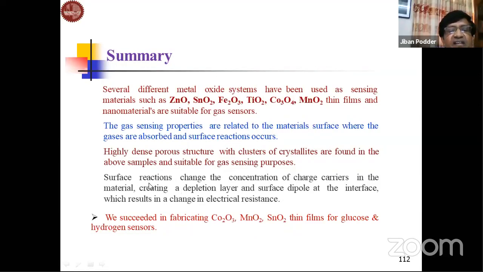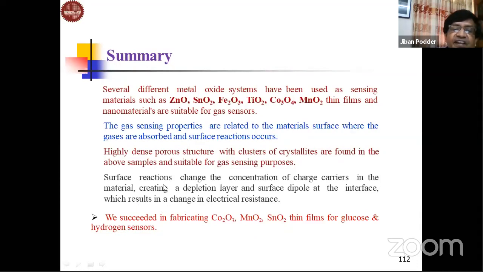Surface reaction: what actually happens when a reaction takes place on the surface? Due to the absorption of oxygen or molecules, the surface reactions change the carrier charge concentration, and that changes the depletion layer. Due to that, a dipole moment is created at the interface, which gives a change of the electrical resistance.